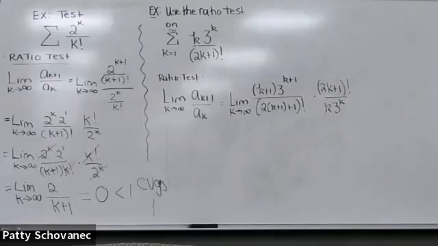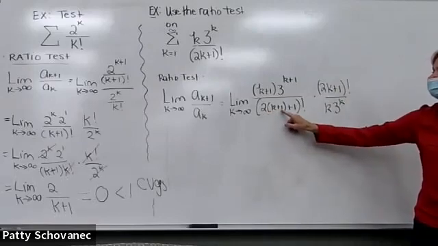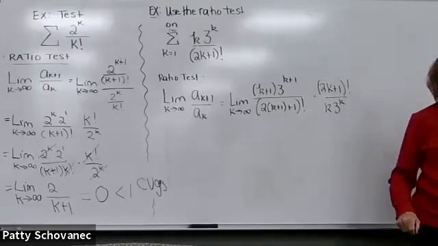Okay, we know we can describe 3 to the k plus 1 as 3 to the k times 3 to the 1. Let's work on the factorial term. If I were to distribute this 2 and then add the 1, I get 2k plus 3 factorial.